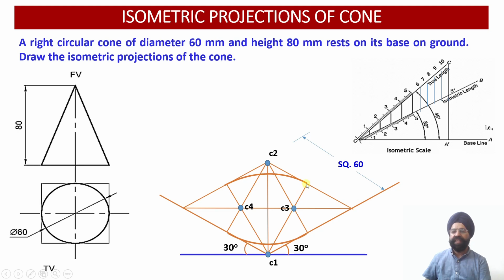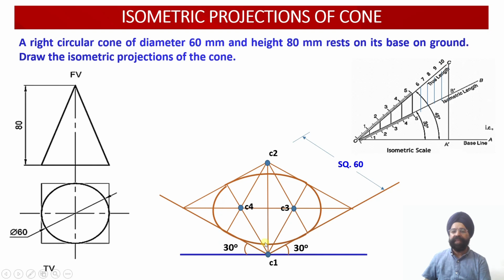And then once I open this much compass, I am going to draw the third arc with C3 as the center point and this distance as the radius. Then C4 is my fourth center point. Again, I will be opening, radius is equal to this or radius is equal to this, and with C4 as the center, I will be drawing the fourth arc.